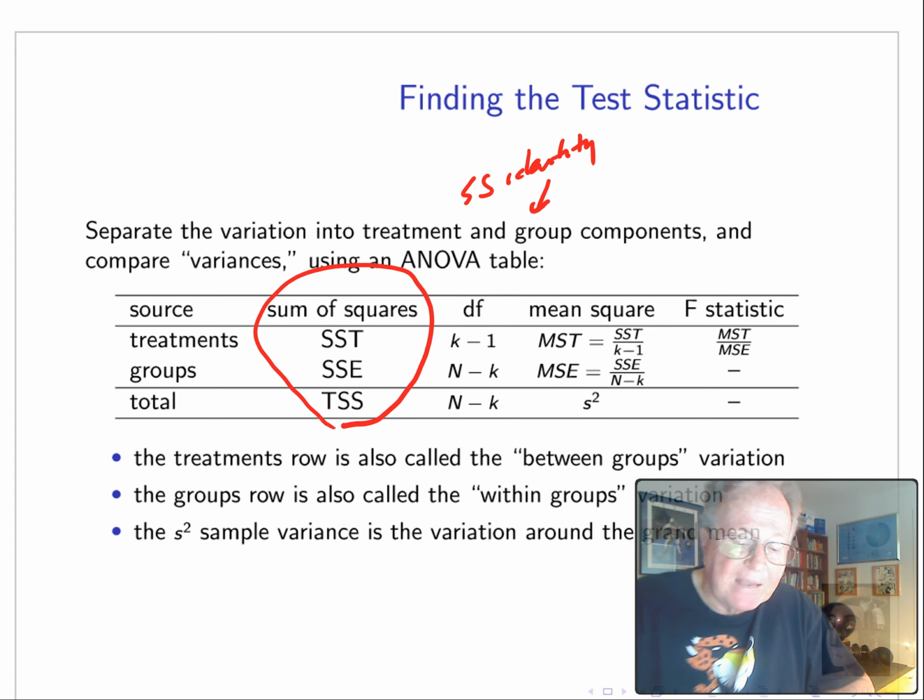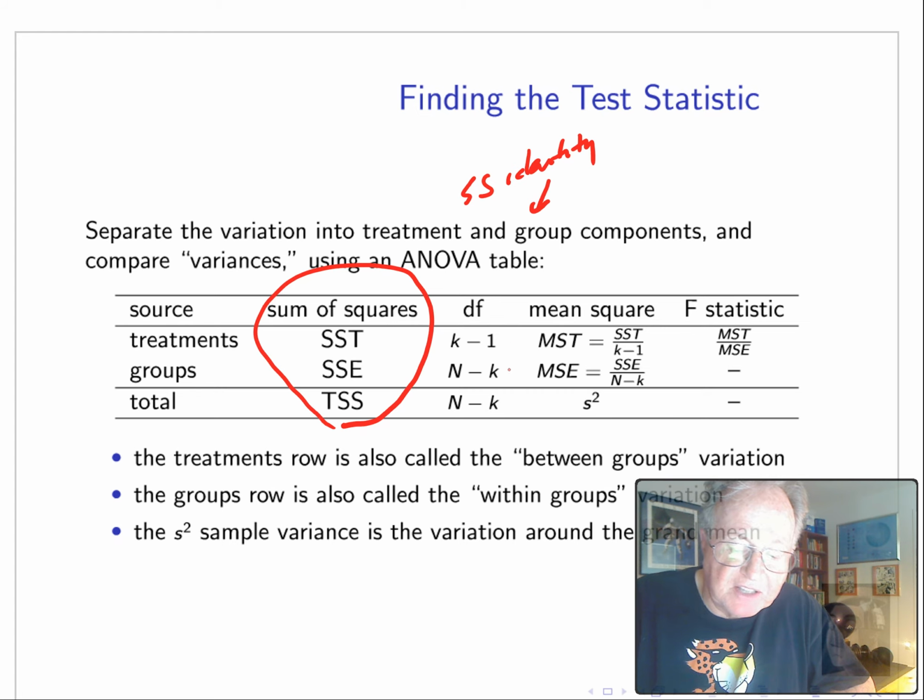And then with each of those sums of squares, we have an associated degrees of freedom. There's k groups, so there's k minus 1 degrees of freedom for groups. There's n minus k degrees of freedom within the groups, since we've eaten up k means.